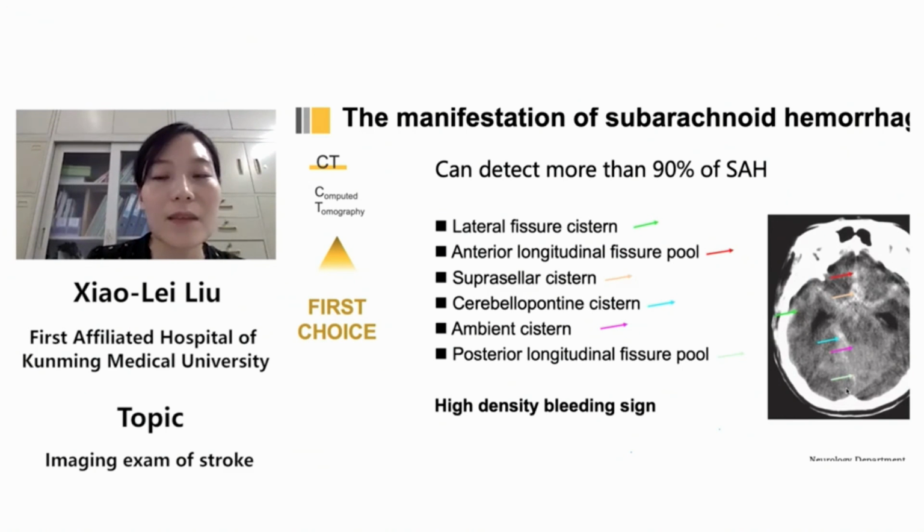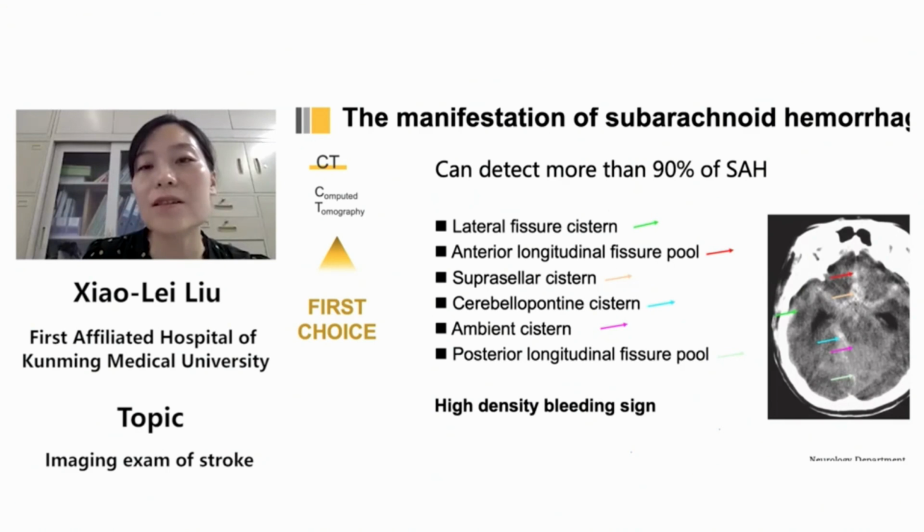We can see high density bleeding signs here, all of these. And through CT, we can detect more than 90% of SAH.